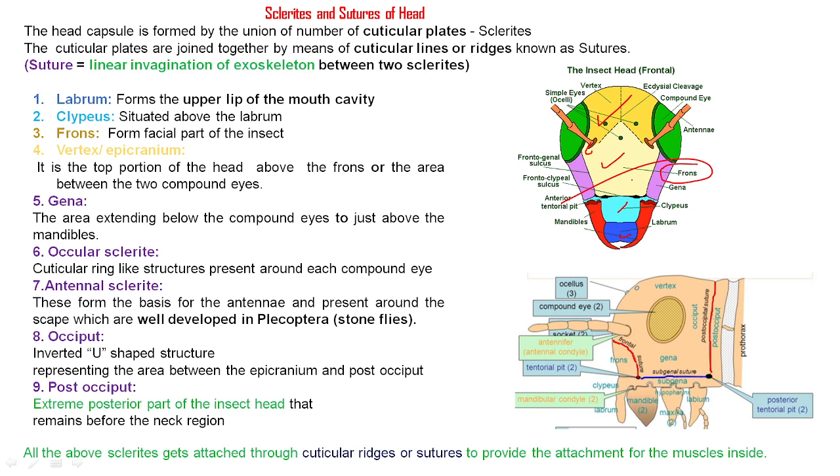All these sclerites combinedly form a head capsule. That is, head capsule is formed by the union of a number of cuticular plates known as sclerites. These sclerites are joined together by means of cuticular lines or ridges known as sutures.